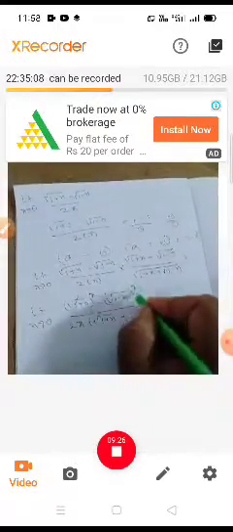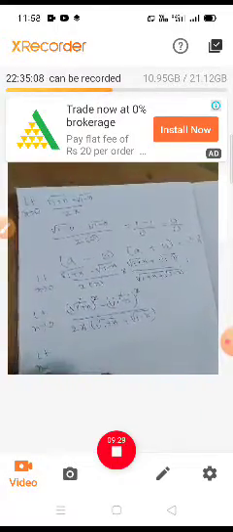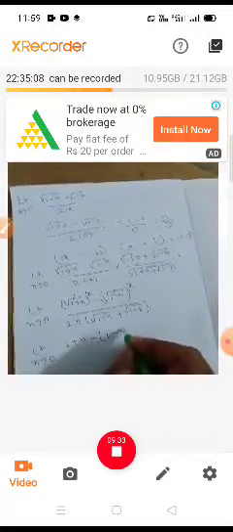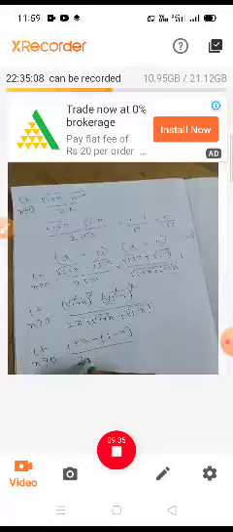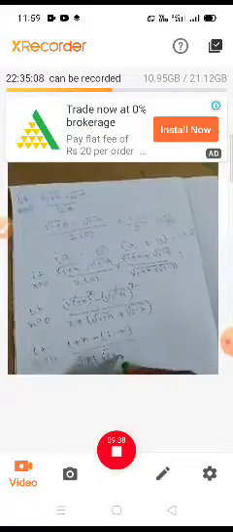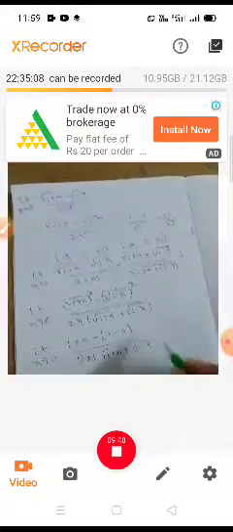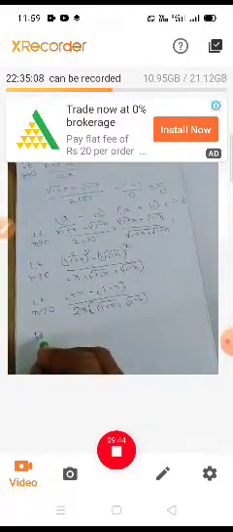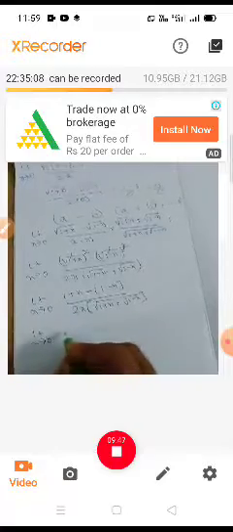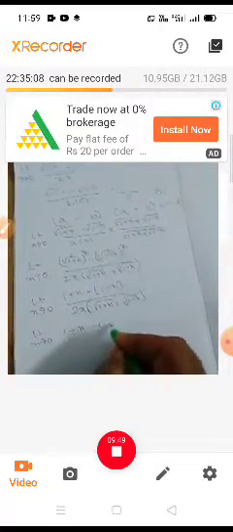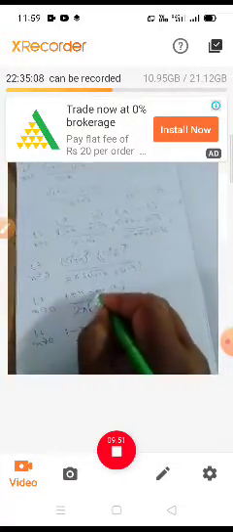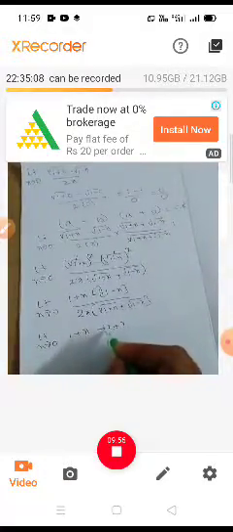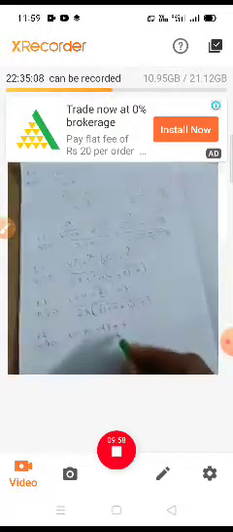Here the square root cancels. Limit x tends to 0, 1 plus x minus of 1 minus x by 2x of root 1 plus x plus root 1 minus x. Limit x tends to 0, 1 plus x minus 1 and minus minus plus x: here plus, here minus, plus into minus is minus 1, and minus into minus is plus x.